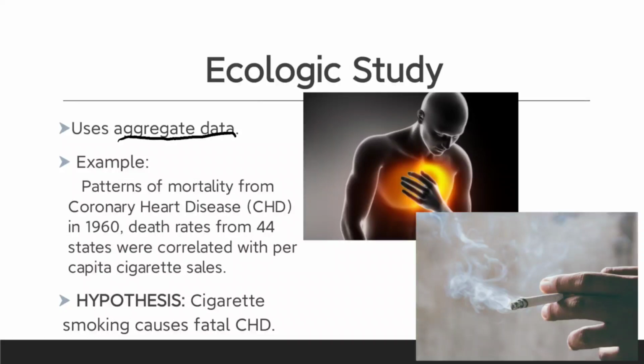So, for example, patterns of mortality from coronary heart disease. Okay, in 1960, death rates from 44 states were correlated with per capita cigarette sales. So, tinitingnan nila na yung CHD death rates were higher in states with the most cigarette sales, maraming bumibili ng sigarilyo, and lowest with the least sales. Mababa daw doon sa mga mababang bumibili, and intermediate in the remainder.